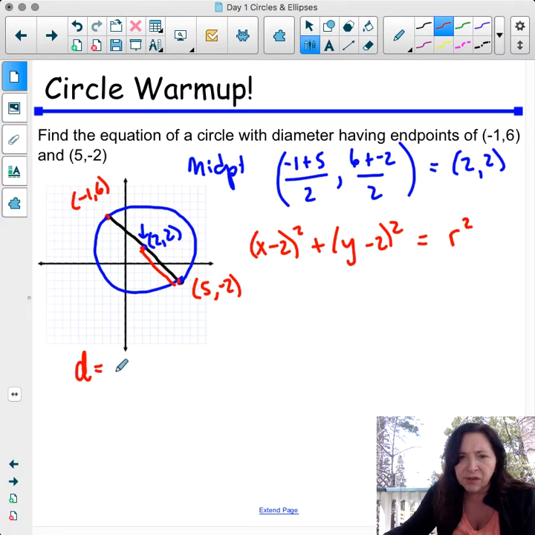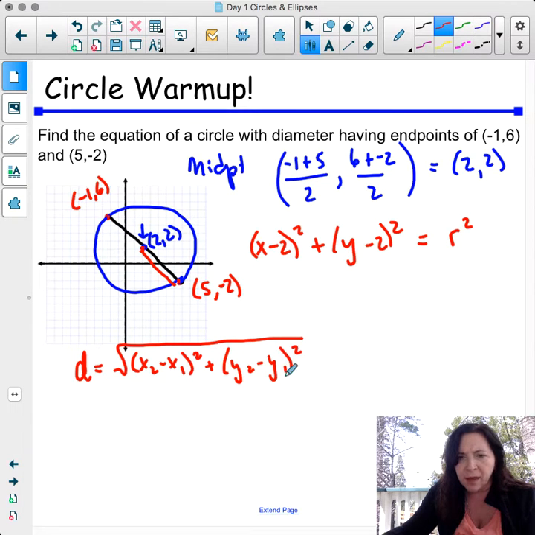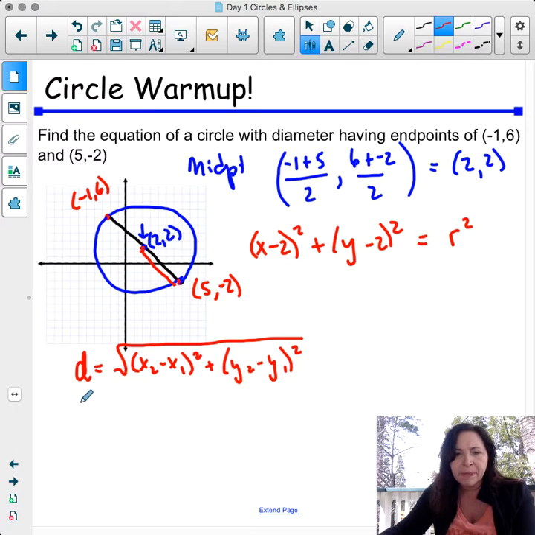So the distance is going to be equal to, remember the distance formula, subtract your x's, square that, plus subtract your y's, square that. Remember the x sub 2 and the x sub 1 and y sub 2, those are just the second x and the first x. So the distance between those 2 points, and I'm choosing this point and this point, the 2, 2 and the 5, negative 2. So I'm going to subtract my x's.